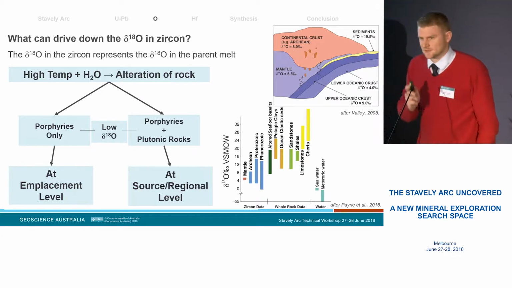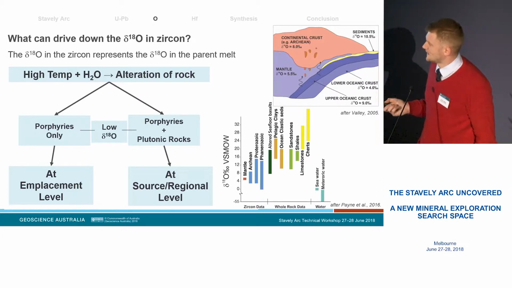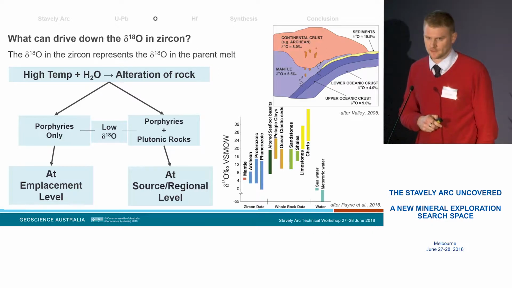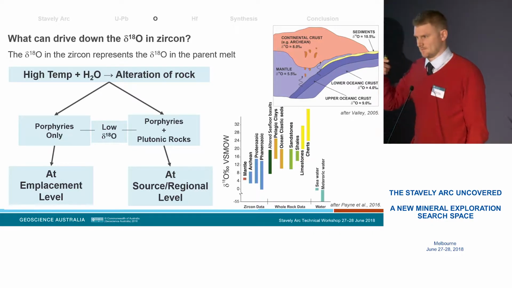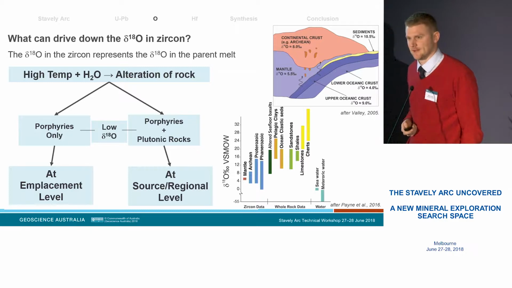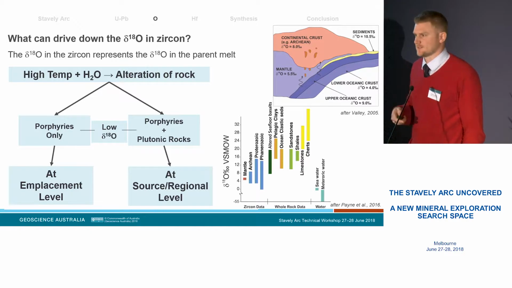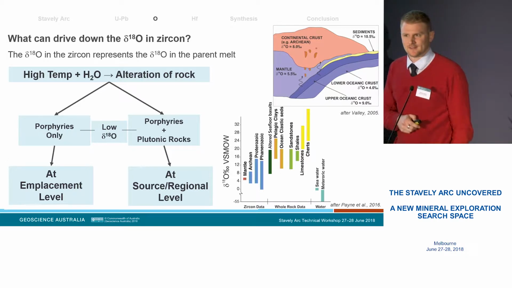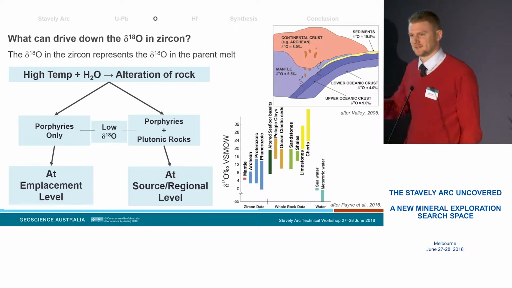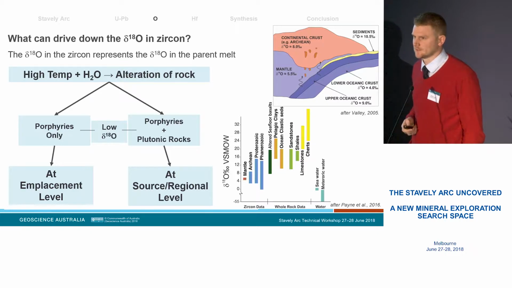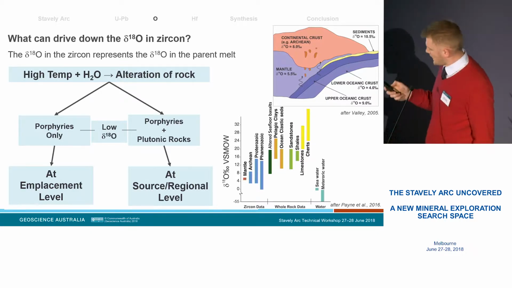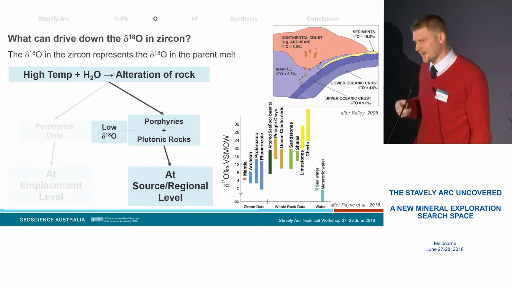But this is the really interesting thing. If it was only the porphyries that we saw sub-mantle-like oxygen values, we could play the game of saying, well, that's just some hydrothermal alteration of a parent rock that's melted and it represents those porphyries. But we see it in everything.